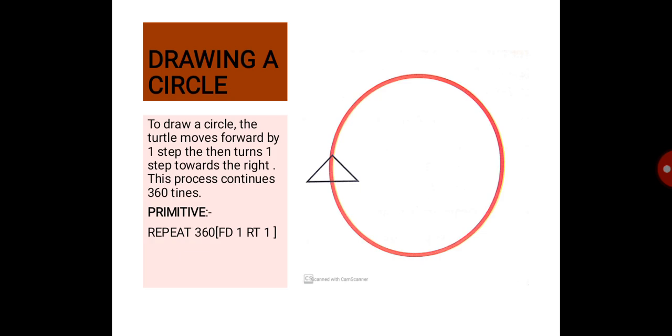For shortening this time period, we will use the repeat command. So the primitive is repeat 360 in bracket FT1 RT1. See in the picture, we will draw a circle like this after using this primitive. Okay everyone, I hope you have understood.